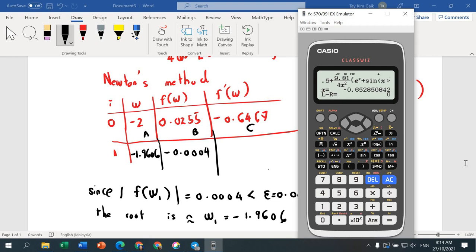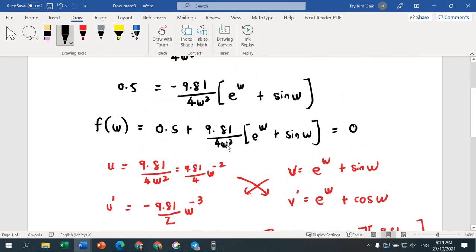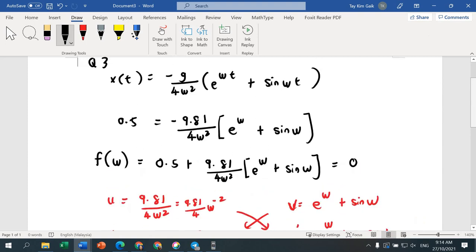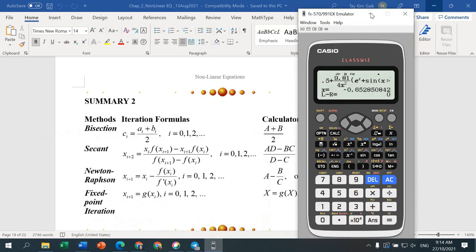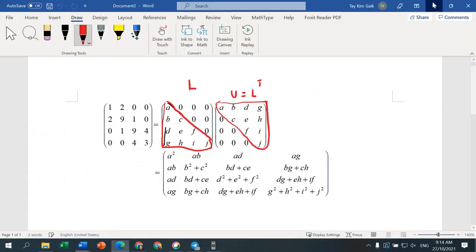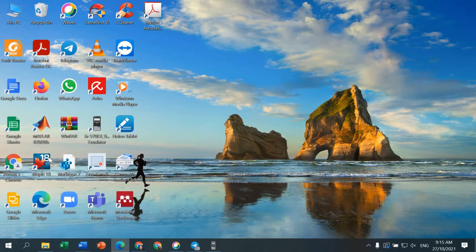Okay, let me check this one, whether you have more than 1 root, checking using another software. Okay, using the solve button. If you have more than 1 root, the root depends on the initial guess that you key in actually. I'm checking whether this equation has 2 roots, because you got the W squared there.